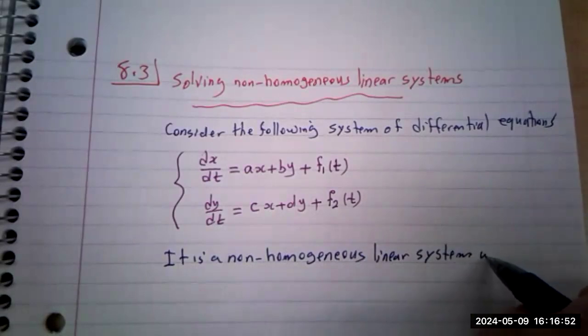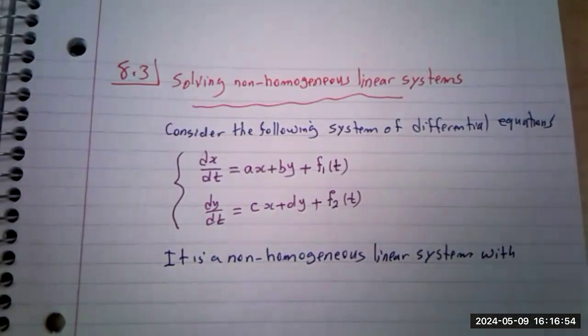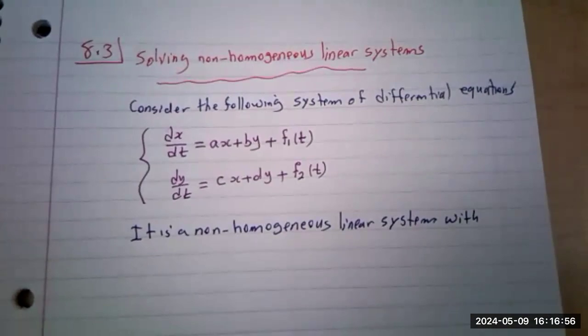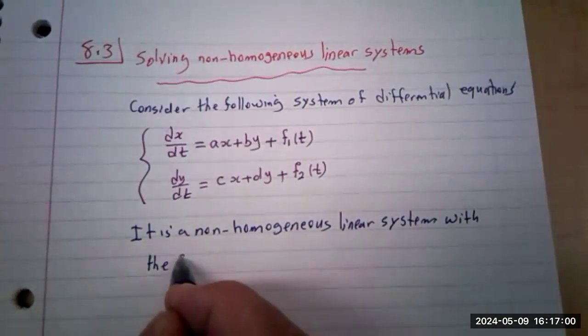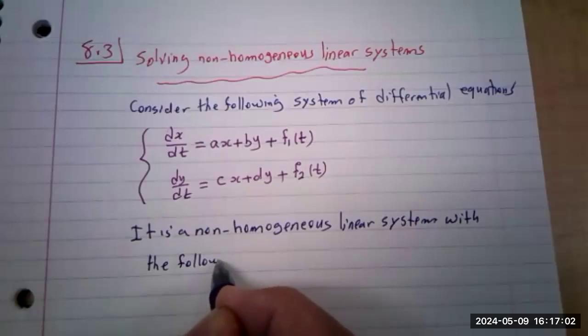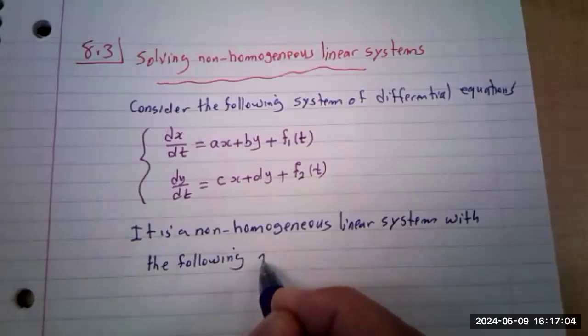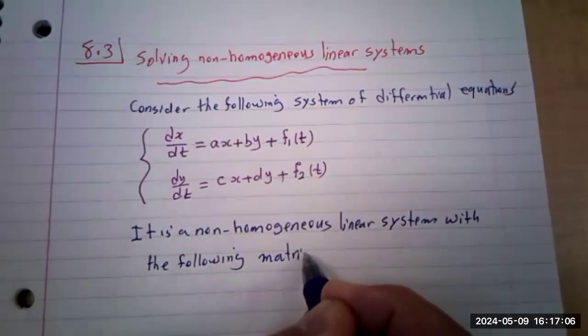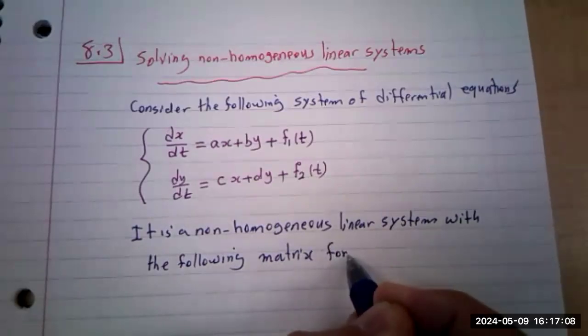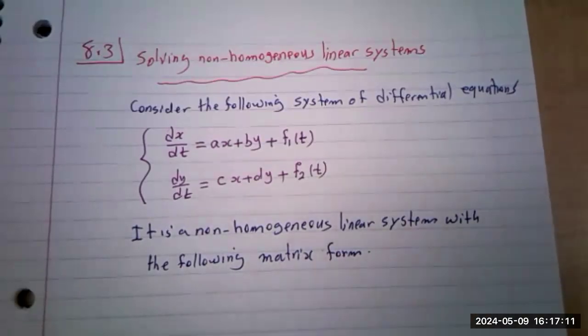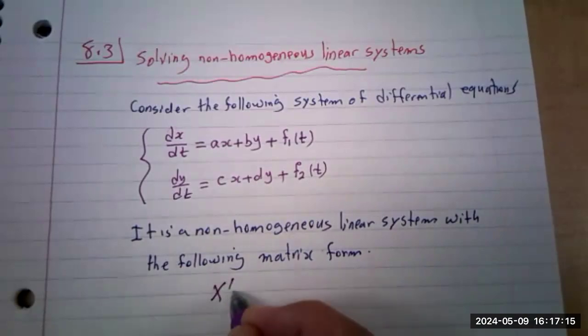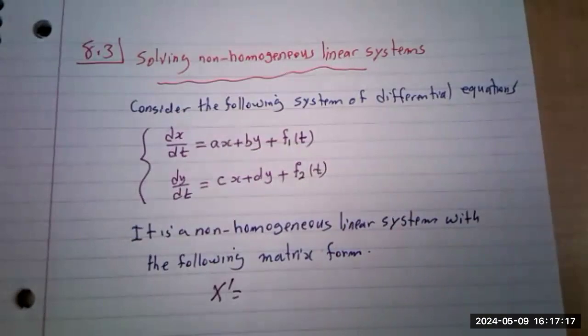Now we change it to the matrix form quickly, with the following matrix form. The matrix form for the homogeneous is the same thing that we did before. We call it x prime. Remember, x prime equals A times x. That is the homogeneous part.